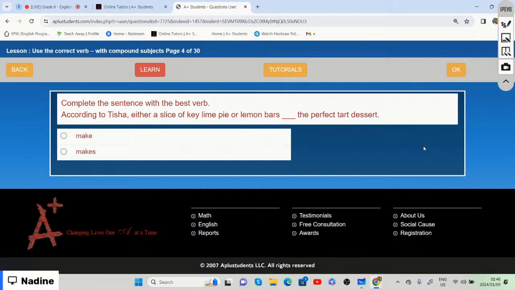Let's do one more. According to Tisha, either a slice of key lime pie or lemon bars make the perfect tart dessert or makes the perfect tart dessert?